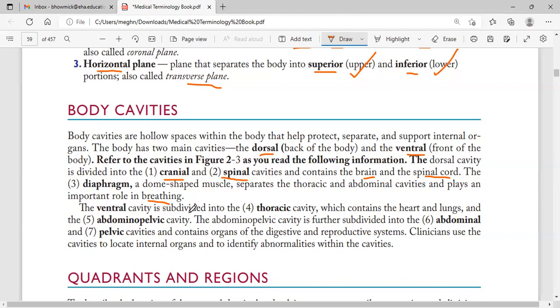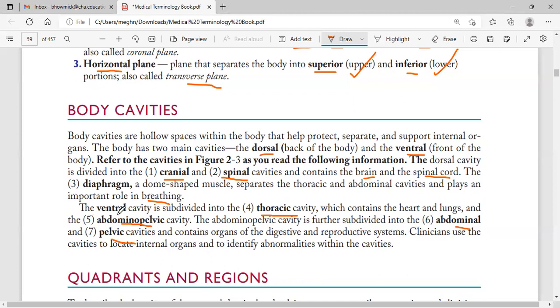The ventral cavity is subdivided into the thoracic cavity and the abdominopelvic cavity, which has abdominal and pelvic cavities. The thoracic cavity includes our thorax and contains the heart and lungs.